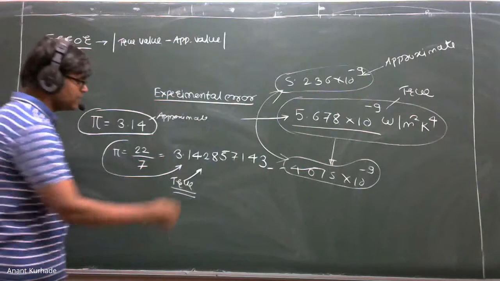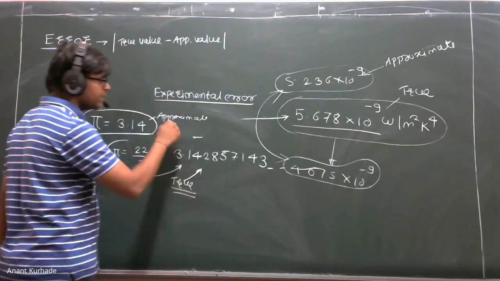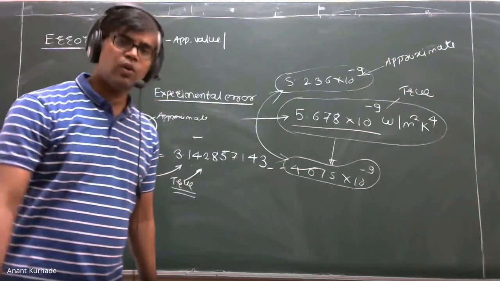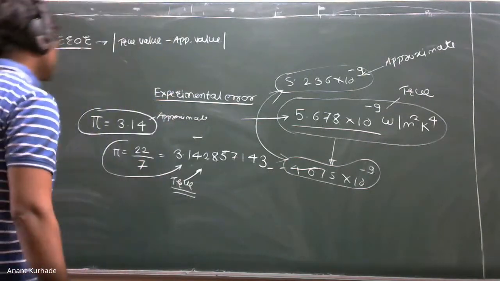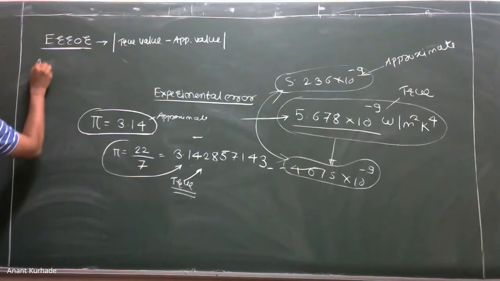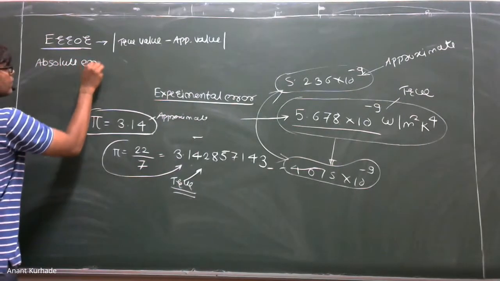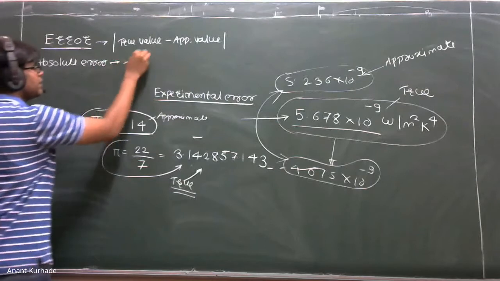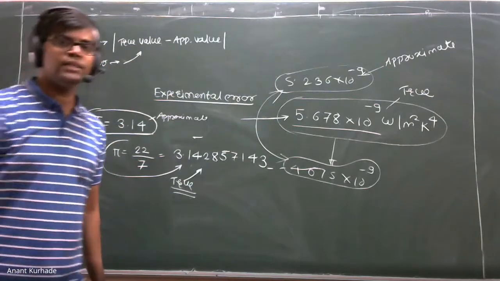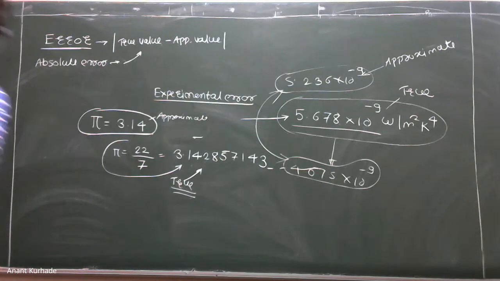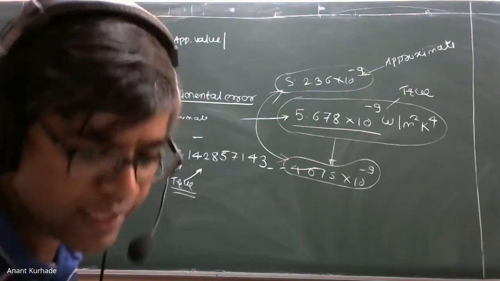So the difference between true value minus approximate value, you can say, is the error. It is also called an absolute error, which means the mod of true value minus approximate value.